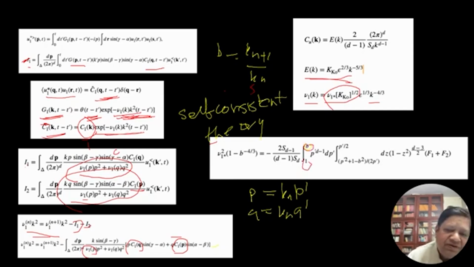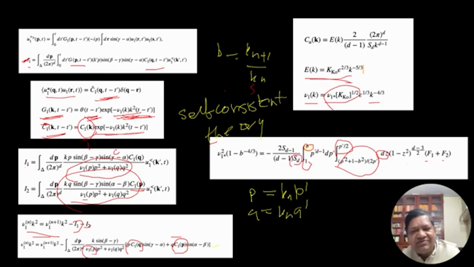q also goes from 1 to b, but my variables are not p and q, my variables are p and z. z is cos of gamma, and it is easy to verify that gamma takes these two values. Minimum z is this, and maximum z is that. So this is the integral, and it's a bit of algebra, but this is what we get. f1 and f2 are some functions of p prime and z, and S_d is the area of the d-dimensional unit sphere.